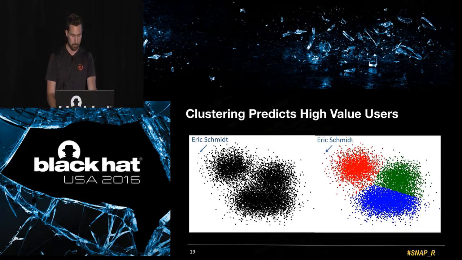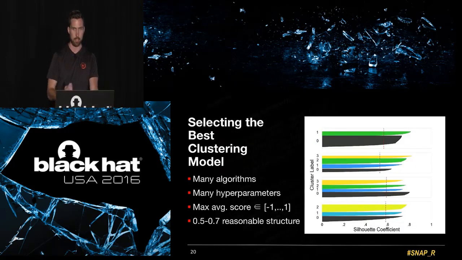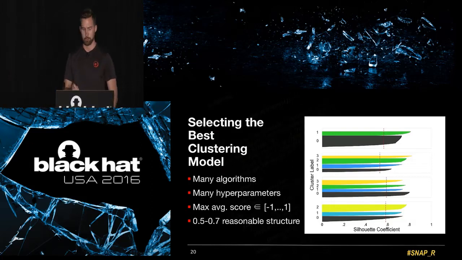So clustering, below the surface here, you have many different kinds of clustering algorithms that you can use to do this, and each of those algorithms has a certain number of associated hyperparameters, like k-means, DBSCAN, etc. How we end up selecting the model that we deploy is based on the maximum average silhouette score.